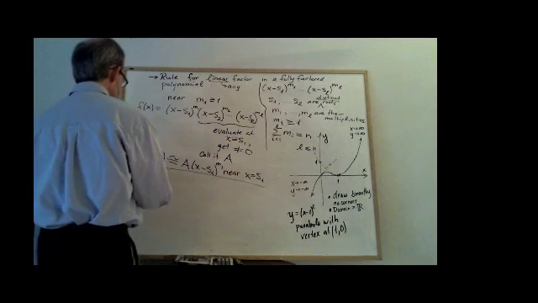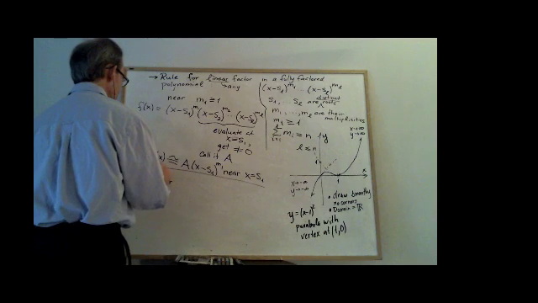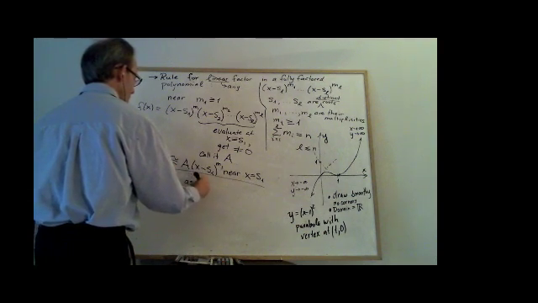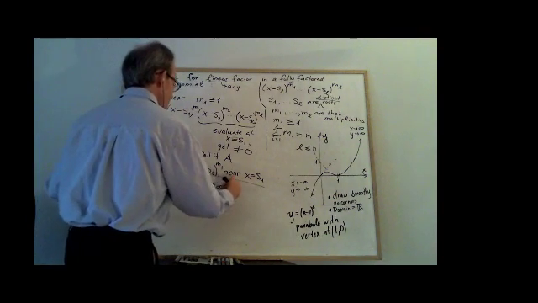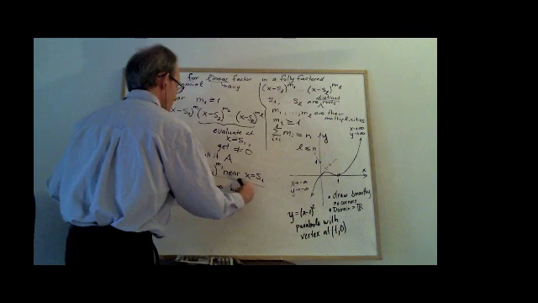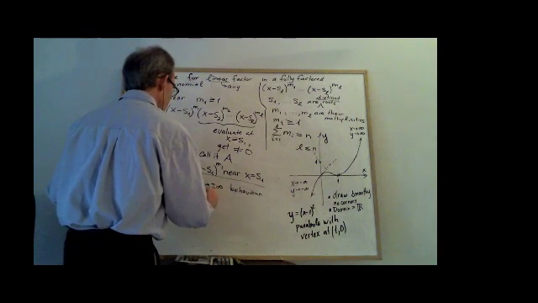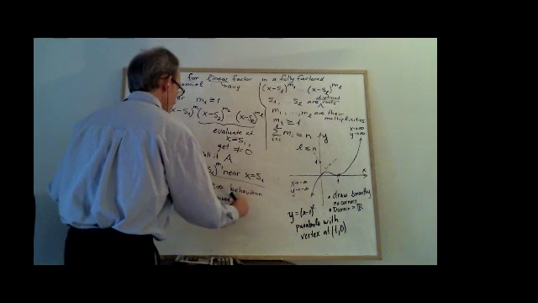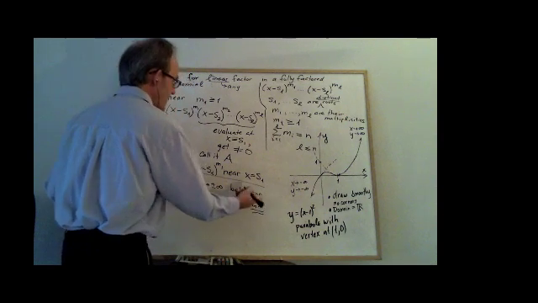And then the behavior at the endpoints, I called it endpoint behavior. As x goes to plus or minus infinity, the behavior is determined by the leading term a_n x^n.